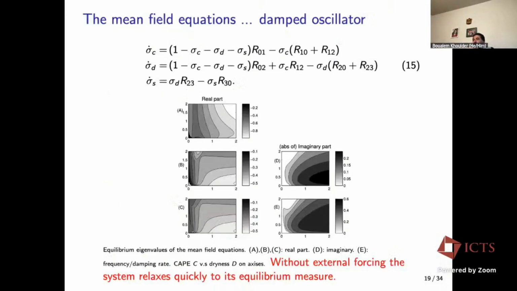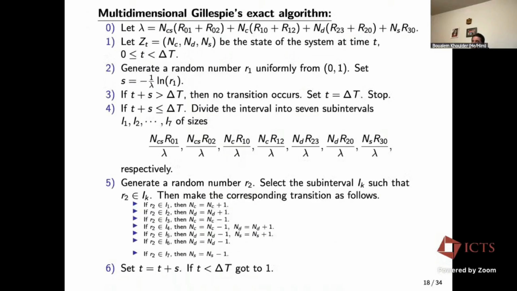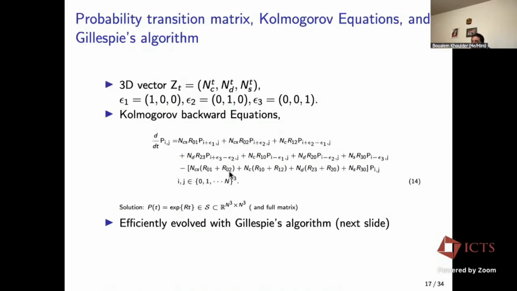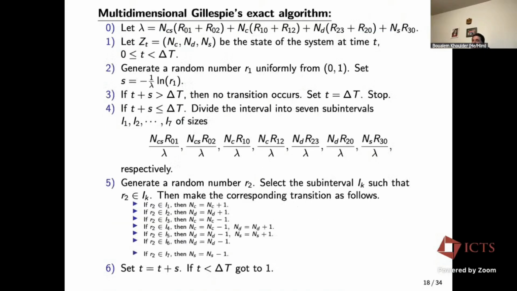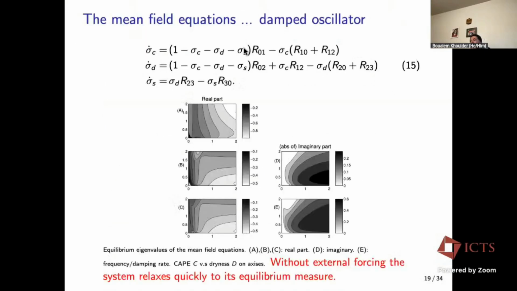So this is just to show you. I showed you that basically Markov chain Kolmogorov equations are differential equations for the probabilities. Now you can take expectations from this equation. If you take expectations, you get the mean field equations.